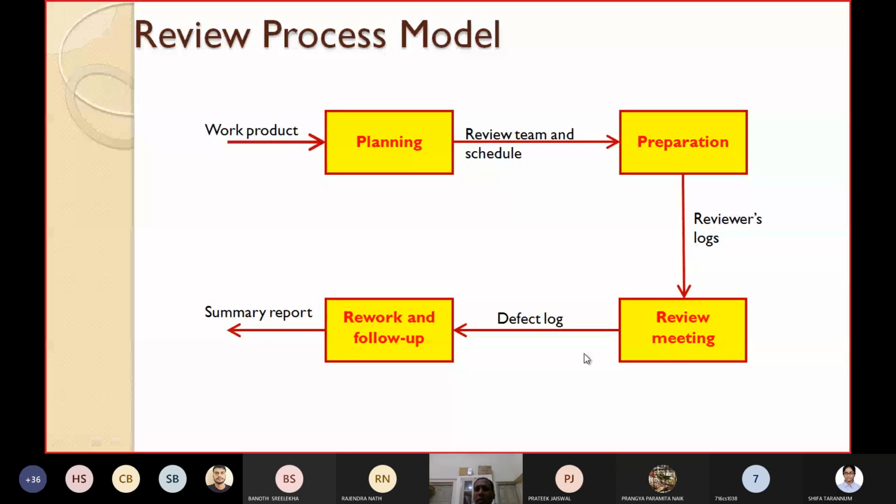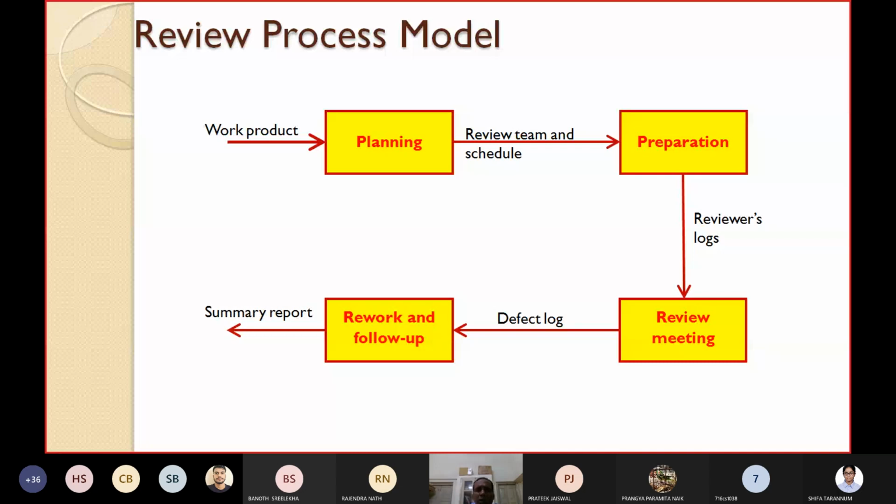So between the preparation step and the review meeting, you might use a reviewers log, and the final one is what? The final one is the review summary. That means after the rework and follow up are over, the final output is the summary report.